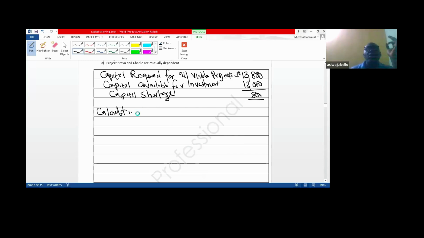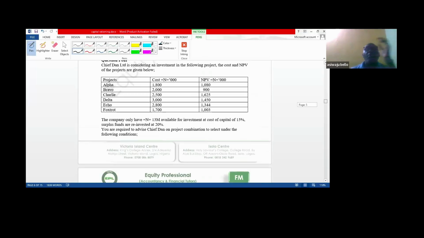Calculation of profitability index. To save time, just copy this.